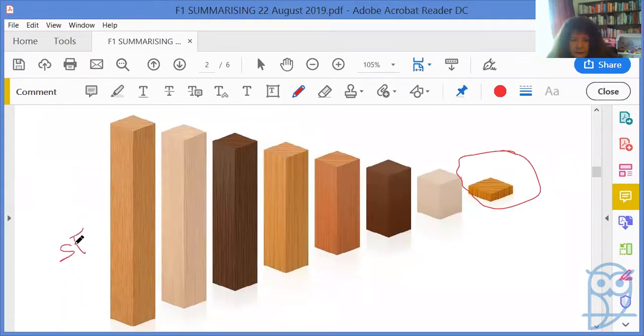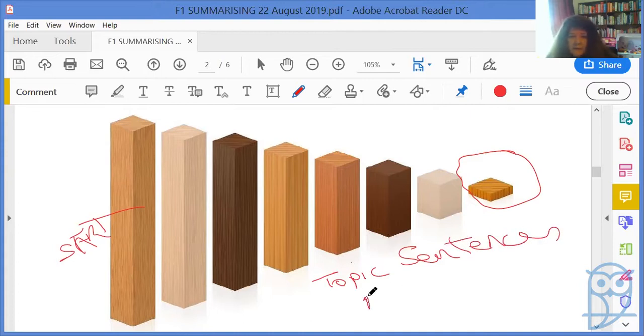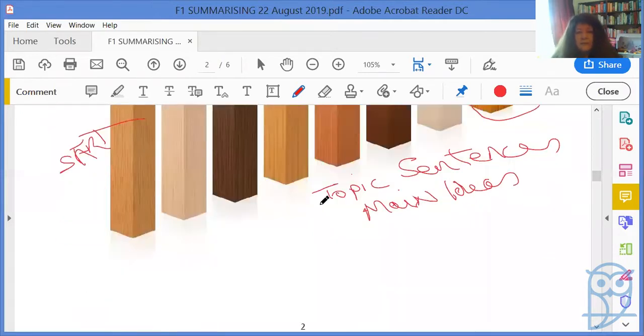So you're looking for the topic sentences or main ideas, which is exactly how you write your essays, but in reverse. That's all you are looking for. But you have to read it about 3 times in order to get that main idea or topic sentence. You've got to find it amongst all the description and stuff that the writer has been using.